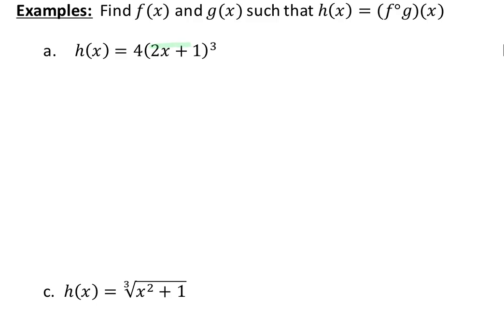On this one, inside the parentheses, I see a 2x plus 1, and we can have that be one of our functions. I'm going to say g of x is 2x plus 1. And if we're plugging g of x into f of x, then f of x is 4x cubed.